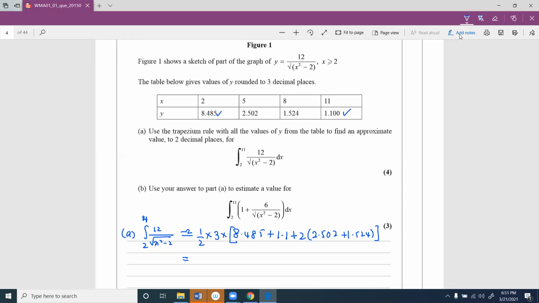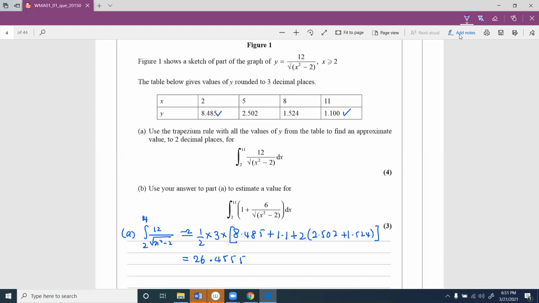1.5 times open bracket 8.485 plus 1.1, no need of writing the end zeros, plus 2 times open bracket 2.502 plus 1.524, close bracket, close bracket. With that you get the answer 26.4555.